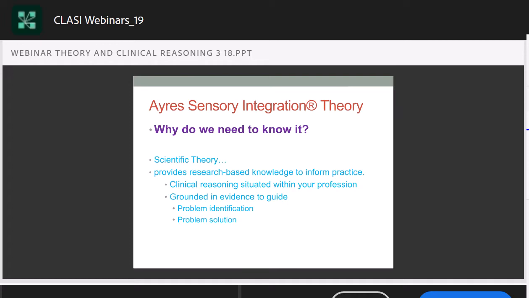I'm quite proud of this particular area of occupational therapy practice, sensory integration, because we have a huge body of literature to study.